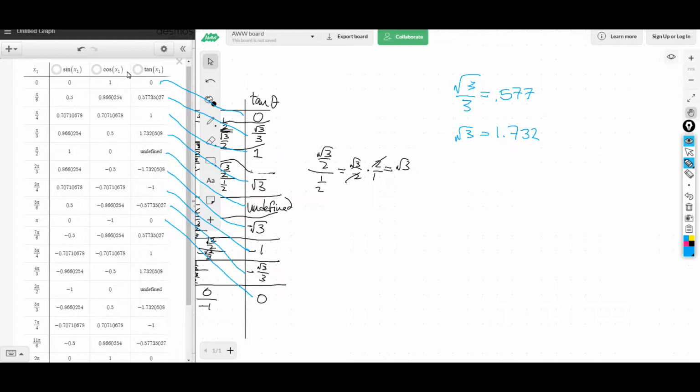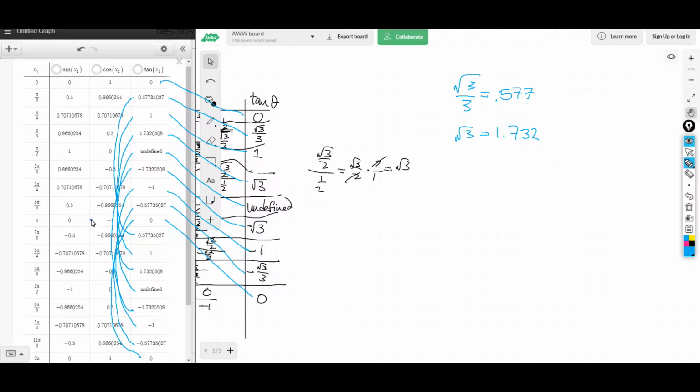So we have 0.577, we have 1, 1.732, undefined, negative, negative, negative, and then 2 pi, the end of the unit circle, meaning we made our full rotation, happens again.